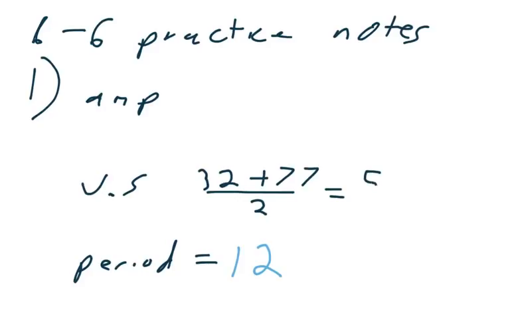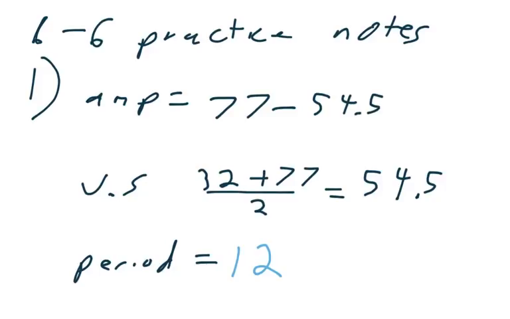If you check that on your calculator, you should get the answer of 54.5. For the amplitude, we're just going to take our maximum minus the answer that we got in the vertical shift, which is 22.5.